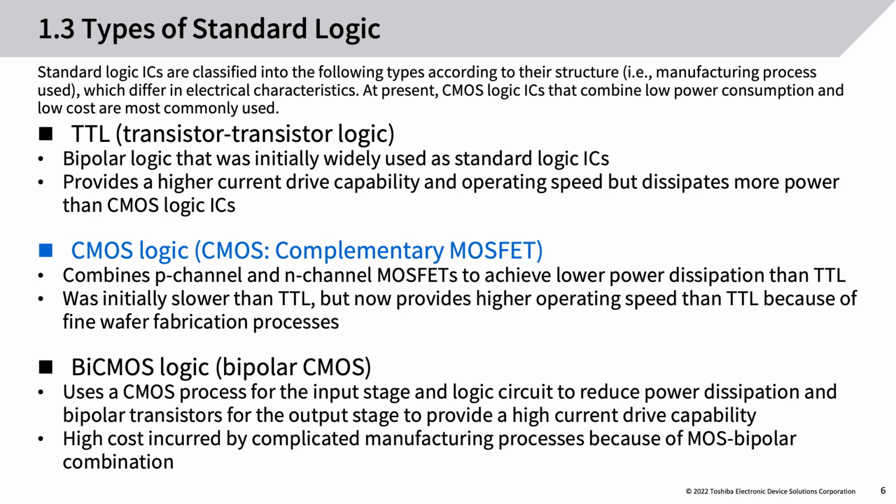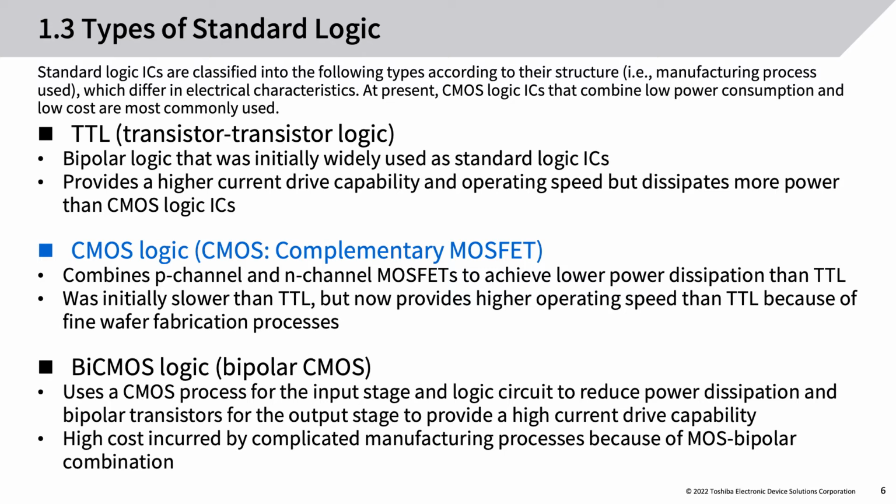It provides a higher current drive capability and operating speed but dissipates more power than CMOS logic ICs. CMOS logic, complementary MOSFET logic, combines P-channel and N-channel MOSFETs to achieve lower power dissipation than TTL. It was initially slower than TTL, but now provides higher operating speed than TTL because of fine wafer fabrication processes.